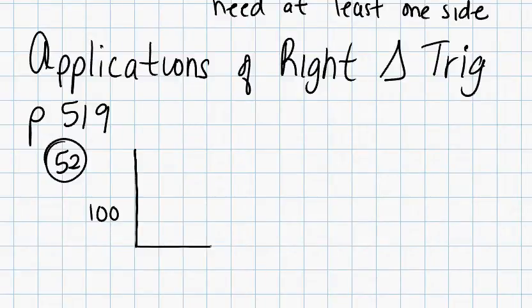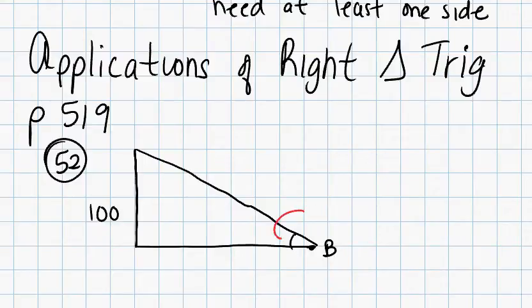We need a small boat off to the side. We know the angle of elevation to the top of the cliff, so from the boat looking up is 25 degrees. And we would like to find the distance from the boat to the cliff. This is obviously opposite over adjacent, which is tangent.